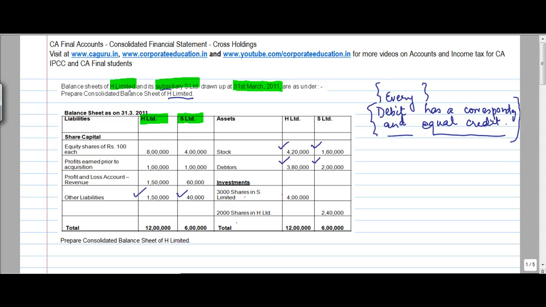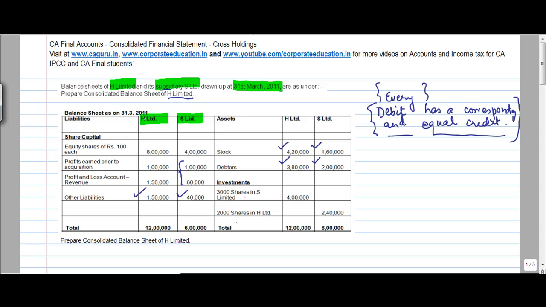Now H Limited has acquired subsidiary S Limited. So what happens is that some part of profit of S Limited, which is this plus this, belongs to H Limited.